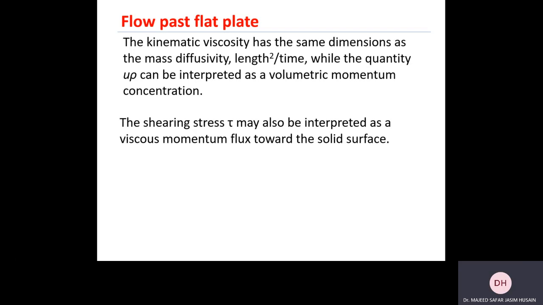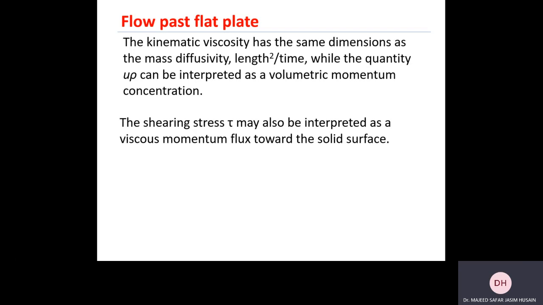The kinematic viscosity has the same dimension as the mass diffusivity. Mass diffusivity, which we took in the previous lecture, has, for example, the unit centimeters squared per second. So it is length squared per unit time. While the quantity U multiplied by rho can be interpreted as volumetric momentum concentration.